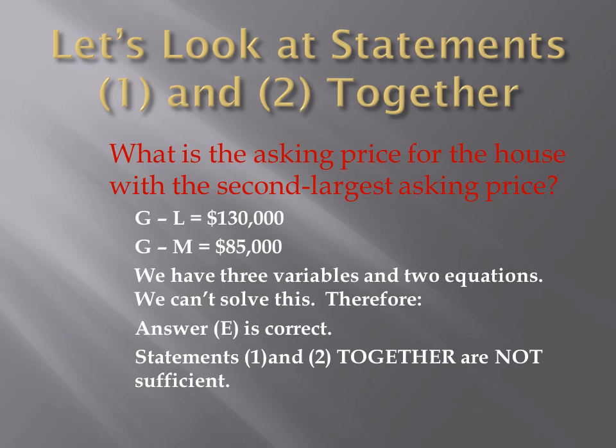That's my middle priced house, that's M. Looking at these 2 equations, I can see I have 3 variables and only 2 equations. I don't have any additional information. There's no way that I can solve this set of equations. So therefore, I know that answer E is correct. Statements 1 and 2 together are not sufficient.